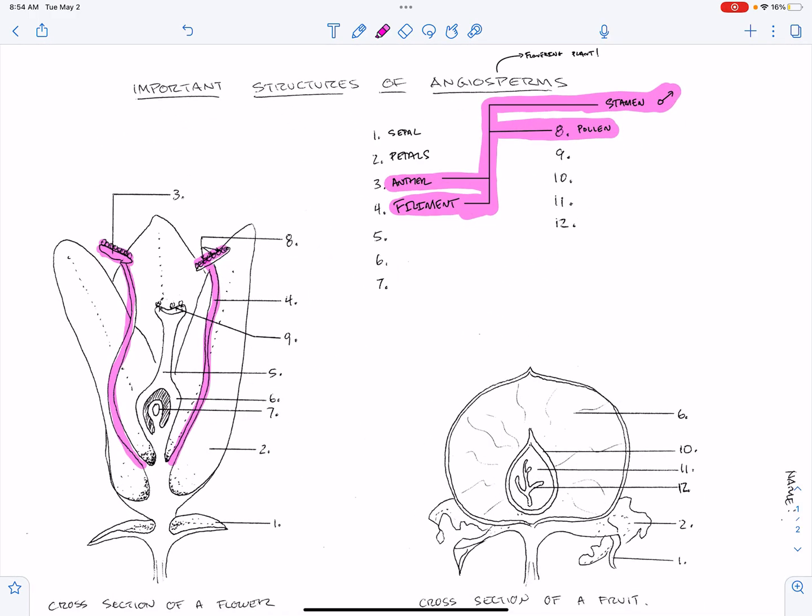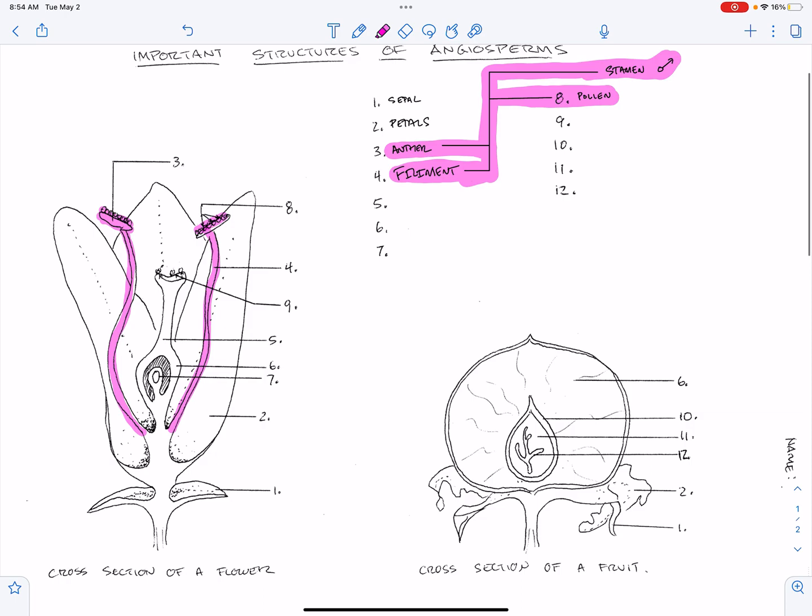Okay, next up, we have structure number 5. This is also a tube-like structure. The filaments, depending on the structure, would be, I actually don't know if they're hollow or solid, but I do know that the style is always a tube, so it's going to be hollow in the center here.